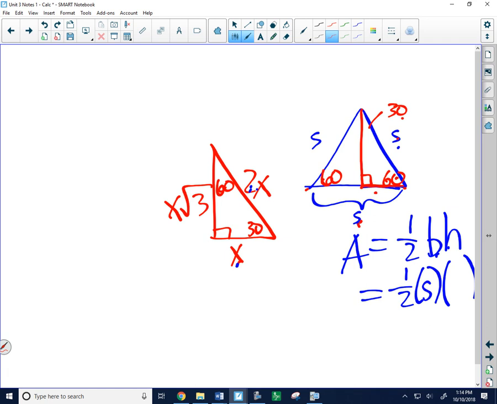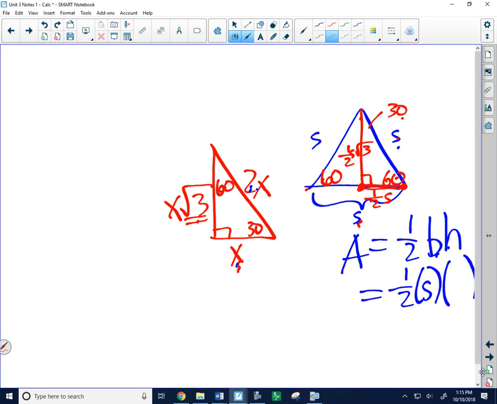This is all S. This right here is half S. So this length down here is 1/2 S, from here to here. Then the height that we want right here is whatever this is times radical 3. 1/2 times radical 3. Oh, S. I'm sorry. 1/2 S radical 3.